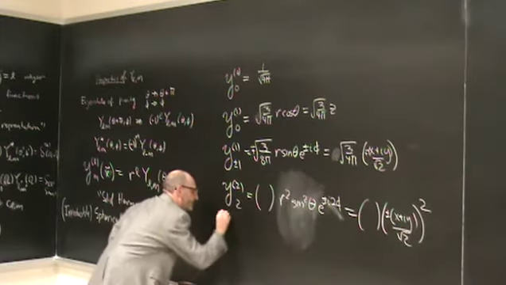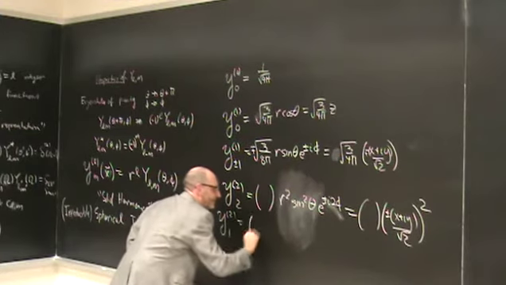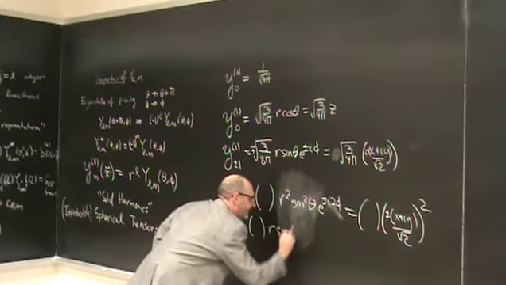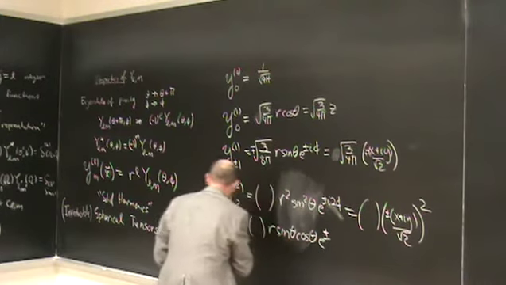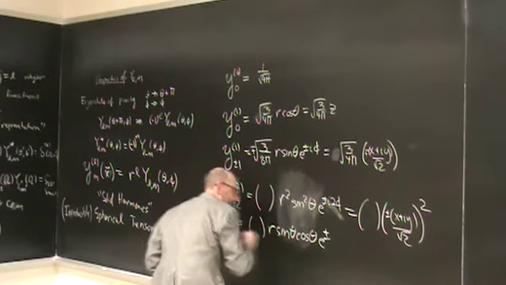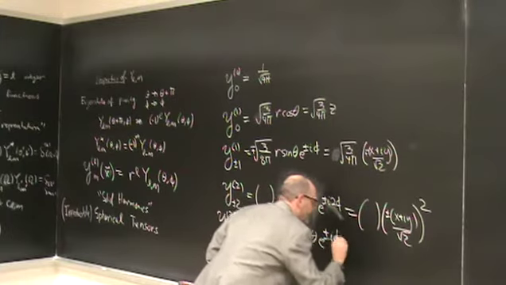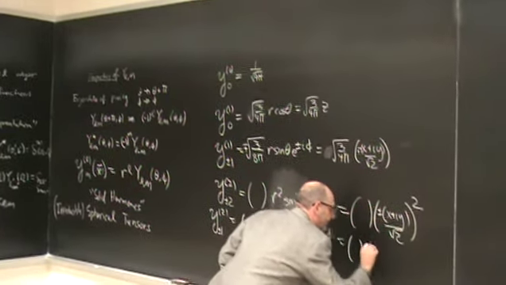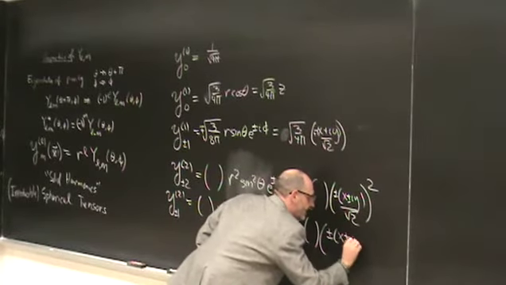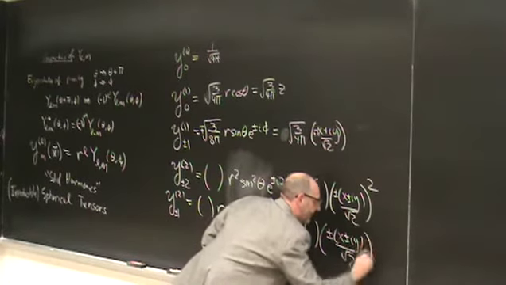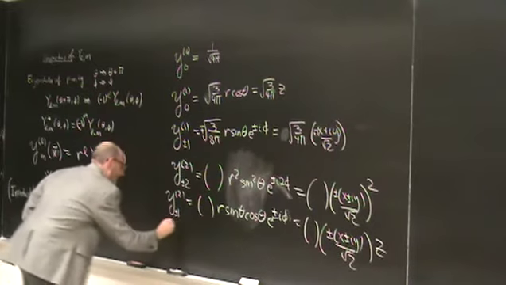And Y2, plus or minus 1 is some factor times r squared sine theta cos theta e to the plus or minus i phi, some factor times plus or minus x plus or minus iy over root 2 times z, etc.